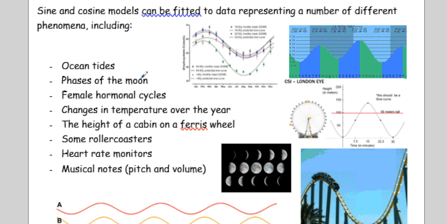Other examples are the phases of the moon, where the size of the moon follows trig graphs. Female hormonal cycles are kind of in sync with the moon phases a bit, so fluctuations in hormone levels can follow something resembling trigonometric functions.